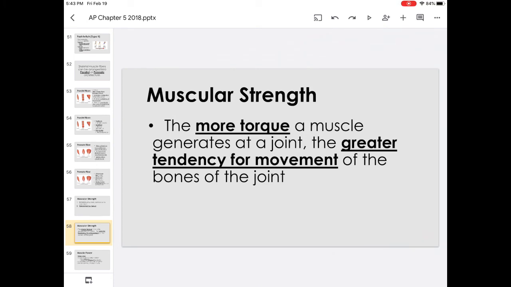Basically, torque is the assessment of the strength of a muscle group at a given joint. You can refer to this as torque, or a rotary force that the muscle can actually generate.